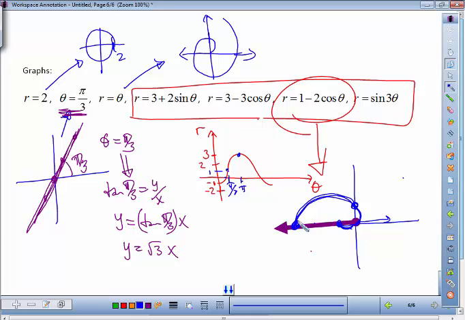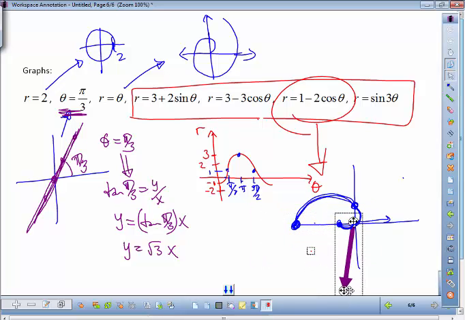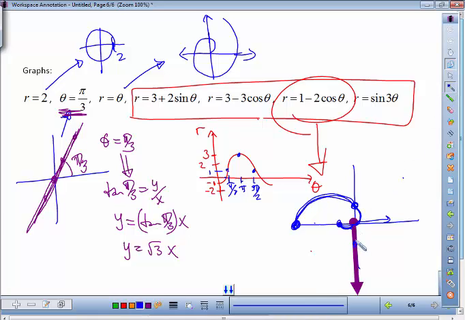Okay? Let's keep going. Over here again, this is 3 pi over 2. It's going to have a height of 1. So by the time I am pointing this way, I'm going to be at 1 again. So 1 is this distance over here.